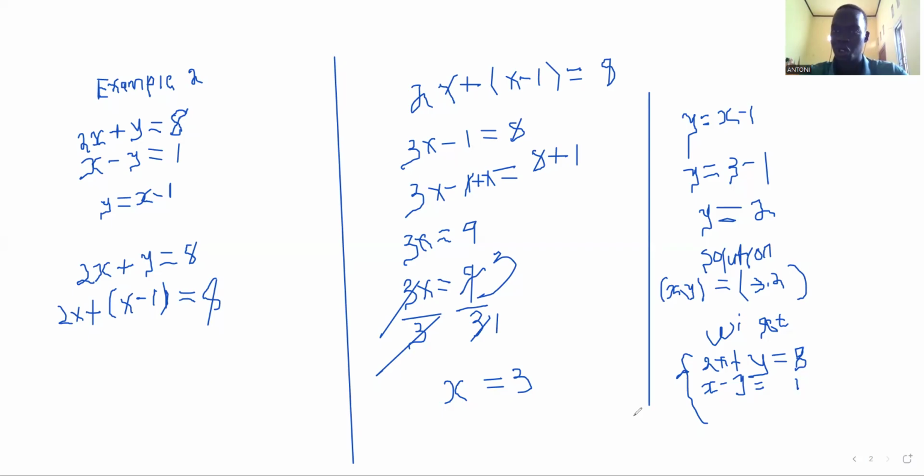There are some types of solution that we use in the concept of the system of linear equations. The first type of solution that I use is one solution, which is the intersection of the lines.